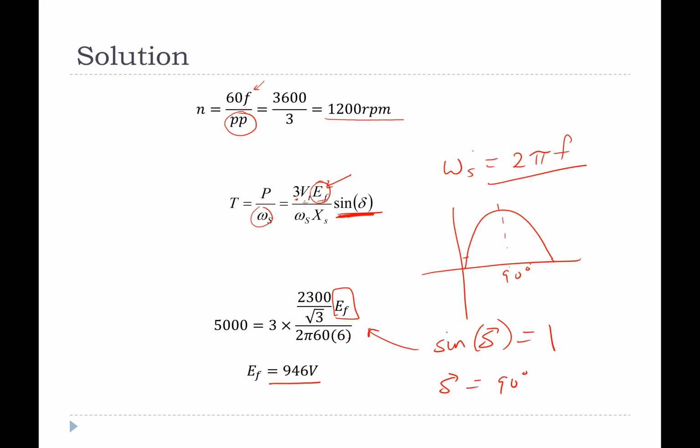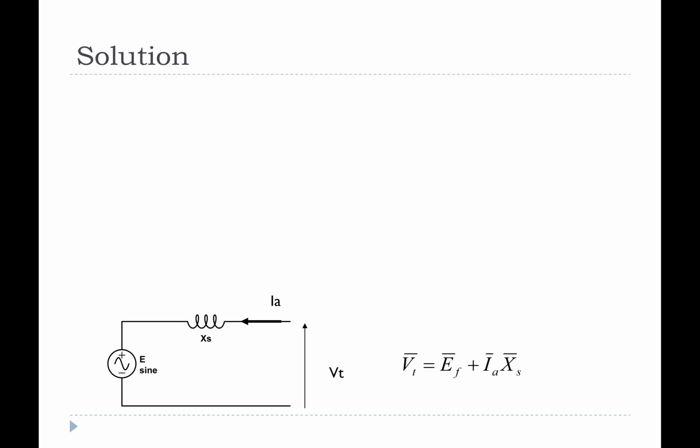So we're going to use this information now to construct our phasor diagram. We have our circuit diagram, and we know that delta is equal to 90 degrees, which is the angle between VT and EF. So we start off by drawing VT. Then I need to put in EF.